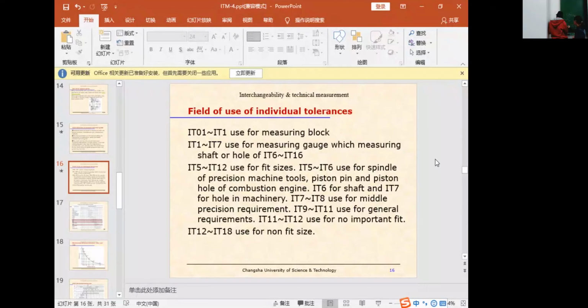The lowest shaft is the largest hole. So if the shaft is up, it's interference. But this interference is very hard to assemble, because the hole is large and the shaft is hard to assemble.